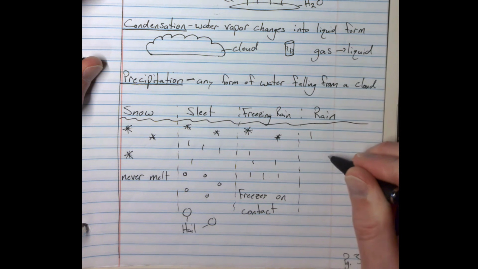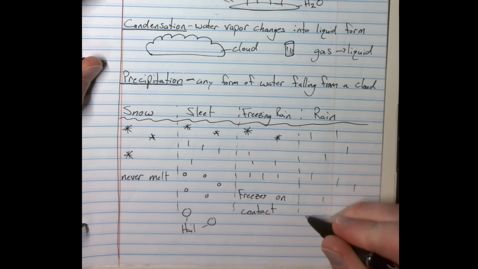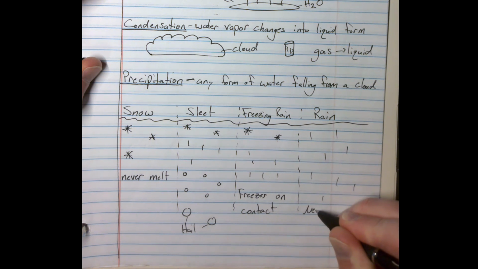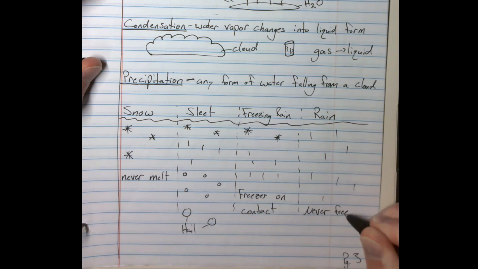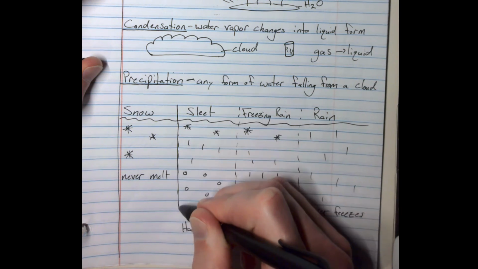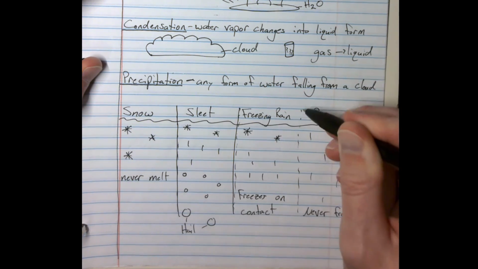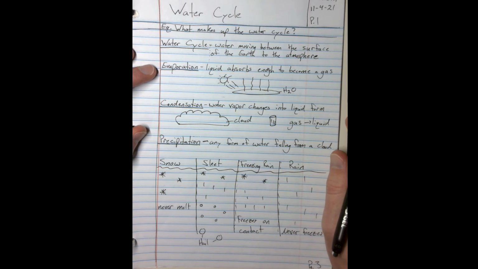And then obviously we have regular rain, and it just never freezes. So it has never been frozen. So maybe I should just make these solid. But that is it for the water cycle. Good luck.